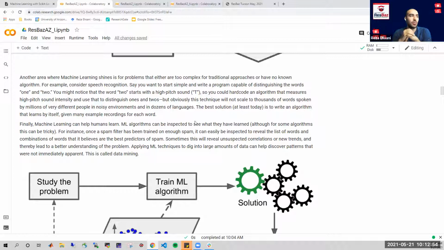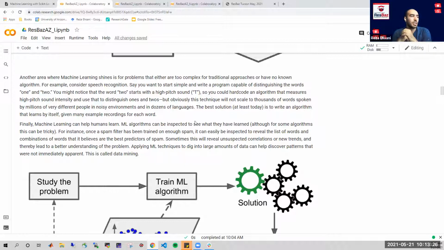When we try to write code to detect words, we need to write code to detect the words "one," "two," and there are thousands of words that we would need to hard code. But with machine learning, it's much easier. NLP, natural language processing algorithms, have developed a lot, and we just need to provide them enough instances so they are able to do the task for us.